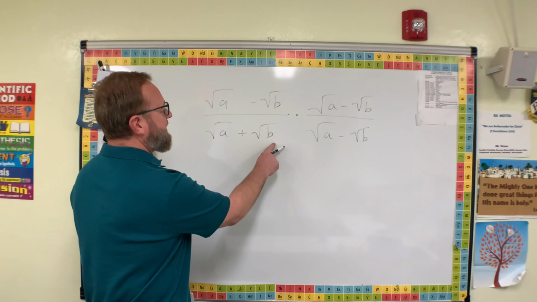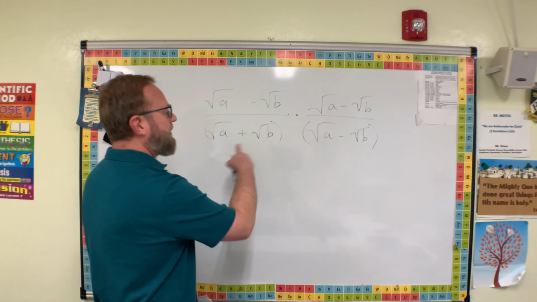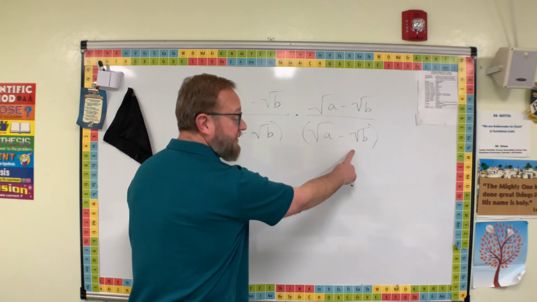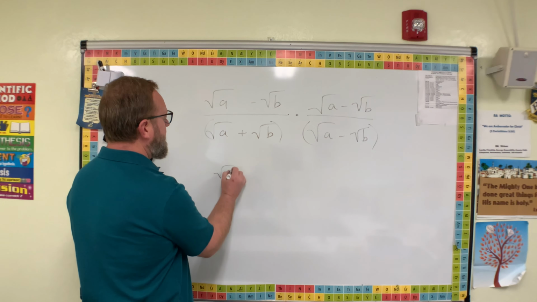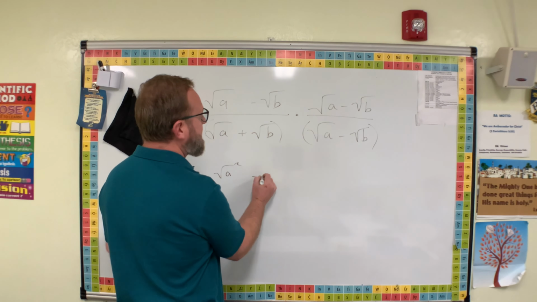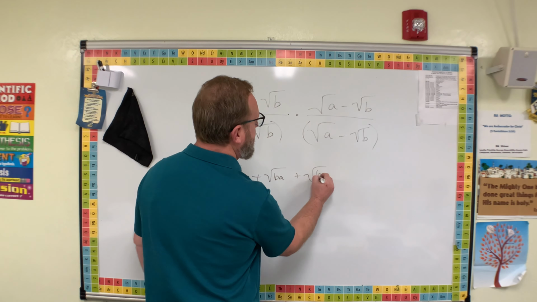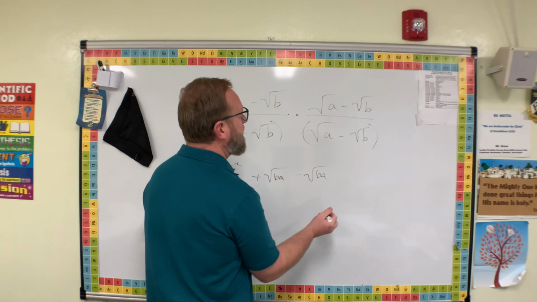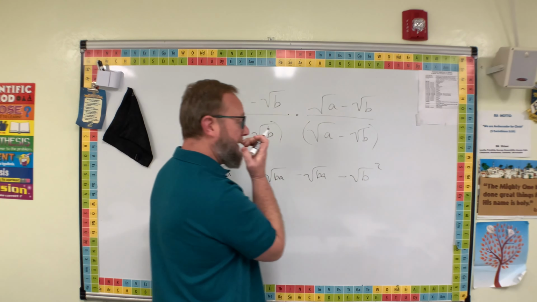And if I think about this for a moment, if I'm multiplying that times that, which is what I end up with in the denominator, and I were to FOIL this out, what do I get? I would get the square root of A squared plus square root of BA plus square root of BA, minus, and then minus square root of B squared.